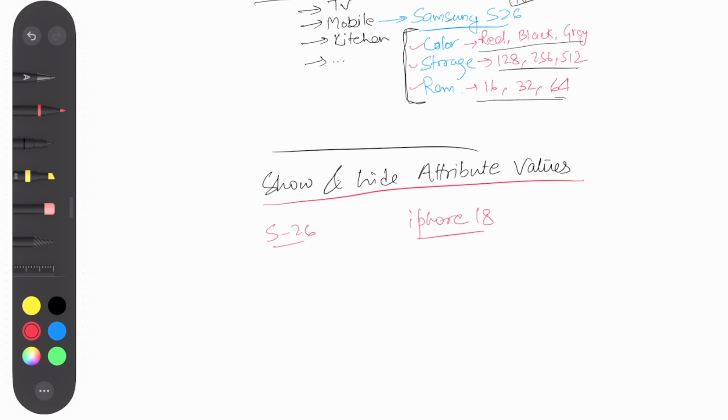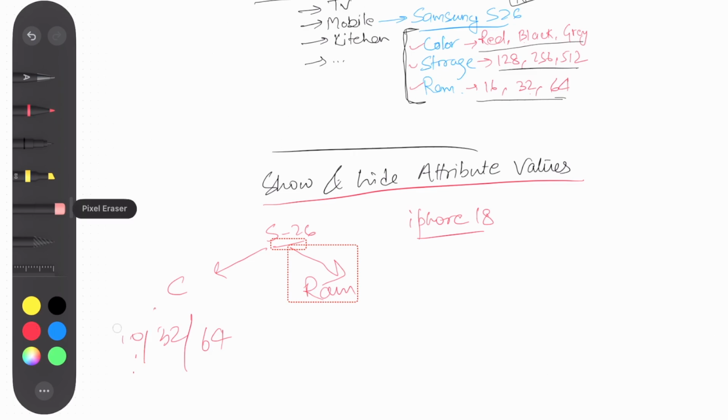One is color, and another is the RAM. Okay, so in this one we have 8, sorry, in this we have 16, 32, 64. Okay, sorry for the confusion.